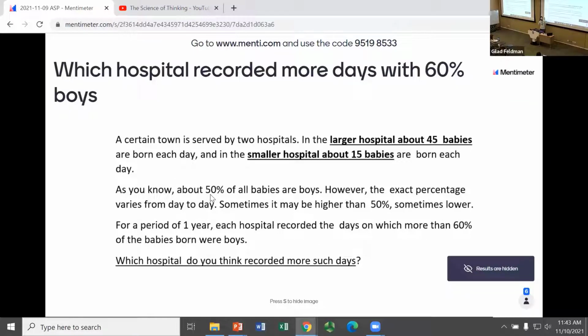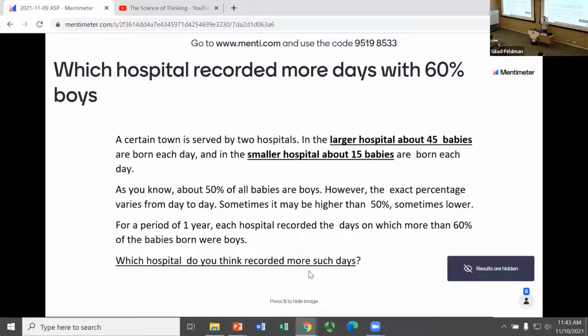As you know, about 50% of all babies are boys. However, the exact percentage varies from one day to another. Sometimes it may be higher, sometimes lower. For a period of 1 year, each hospital recorded the days on which more than 60% of the babies born were boys. Which hospital do you think recorded more such days?